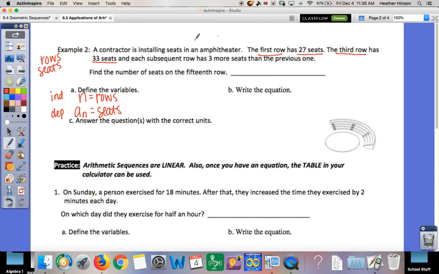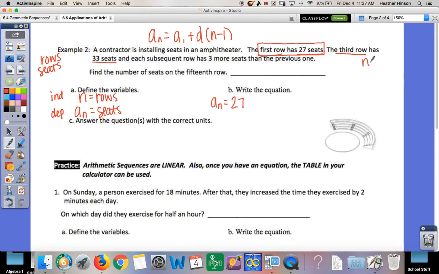So our equation, like I said, all of these are going to be arithmetic. So we have a sub n equals a sub 1 plus your difference times n minus 1 in parentheses. So what's a sub 1? What's your first term? Well, it says the first row had 27 seats. So that's our first term.